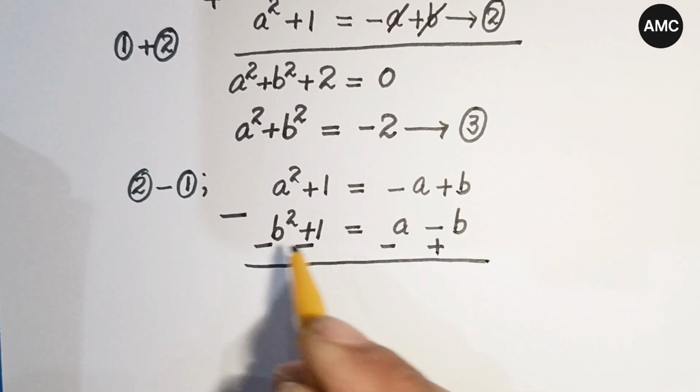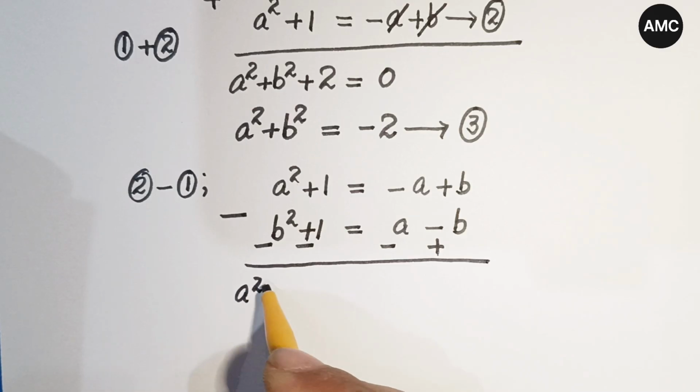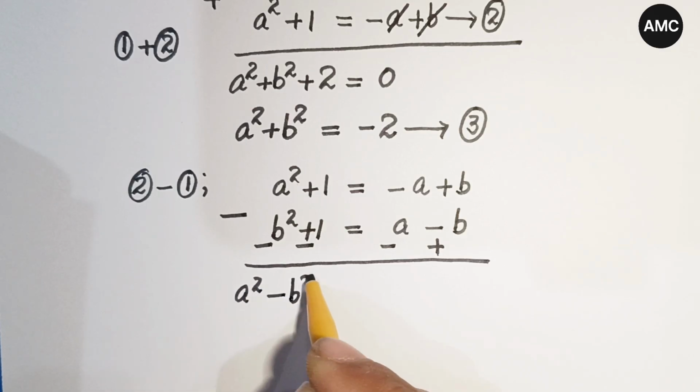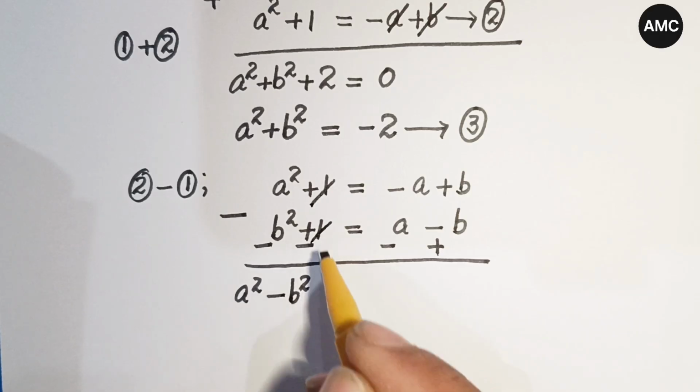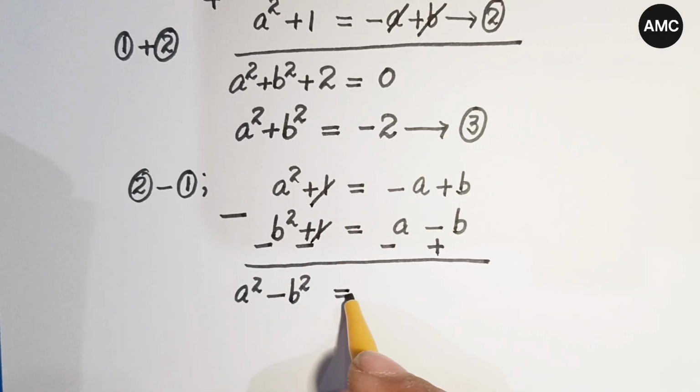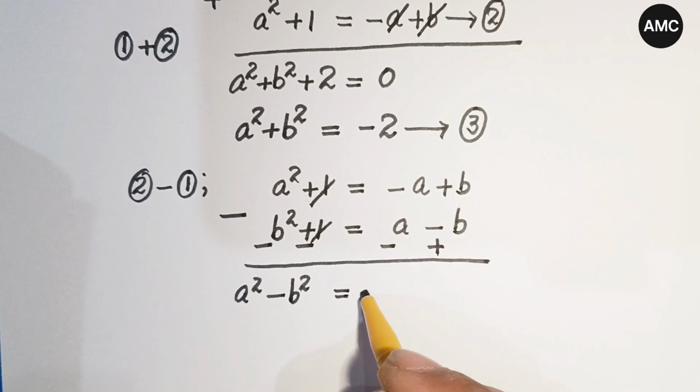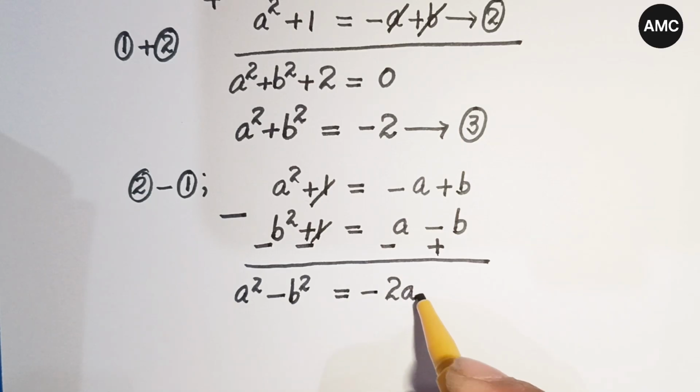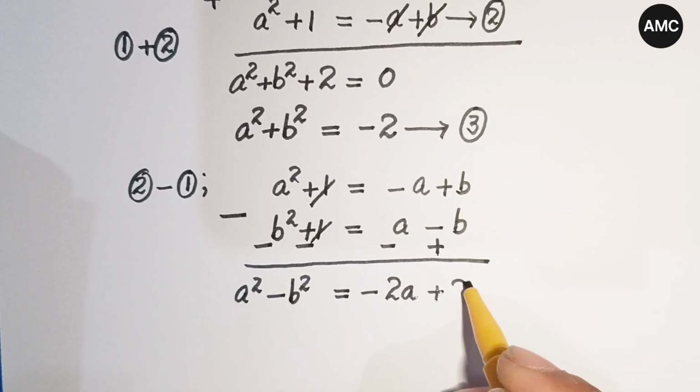Now here we have a squared minus b squared. This plus 1 is cancelled out with minus 1, so it is equal to minus a minus a, we have minus 2a. Similarly plus b plus b, we get plus 2b.